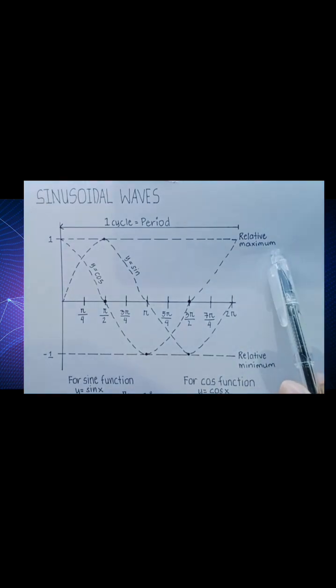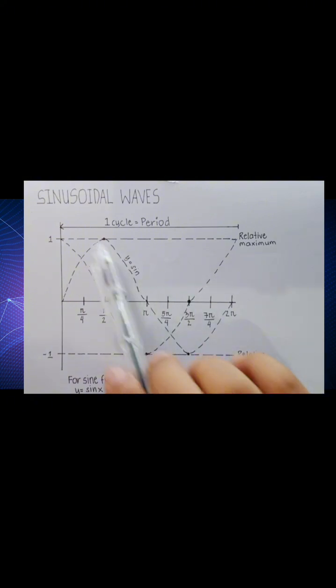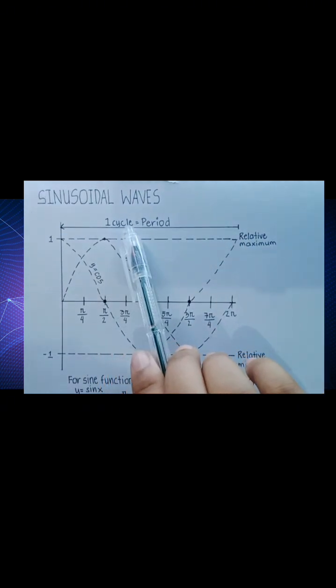So this is the positive and this is the negative, and the center is the x-axis, and this broken line is the relative maximum, and the other broken line is the relative minimum. So as you can see in this graph, one cycle is equal to the period.